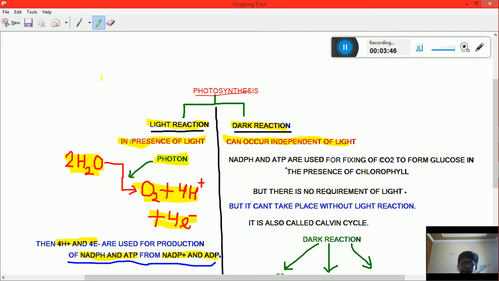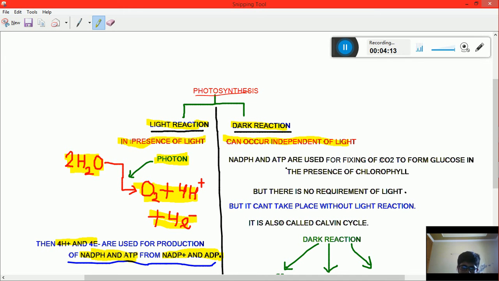ATP is adenosine triphosphate and ADP is adenosine diphosphate, so ATP contains one extra phosphate than the other. These are already available in the plant as raw products, and we get this by the light reaction only.